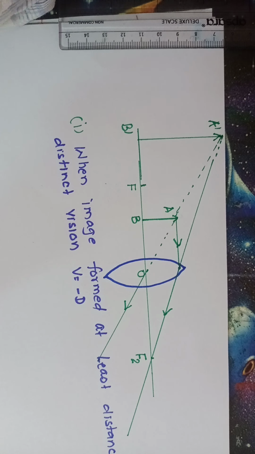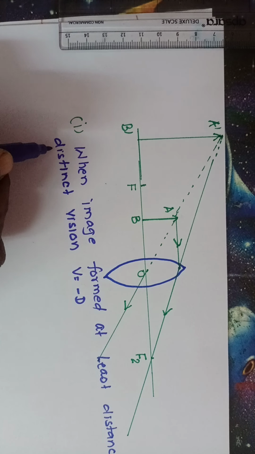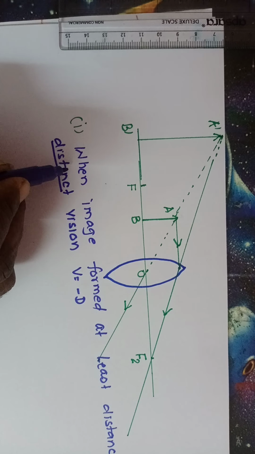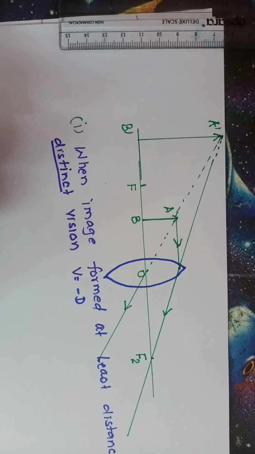The basic formula of magnification is M equal to minus V by U, and we will use that formula here.